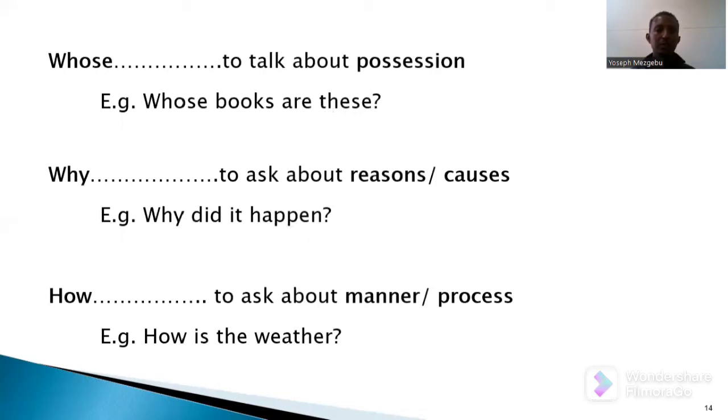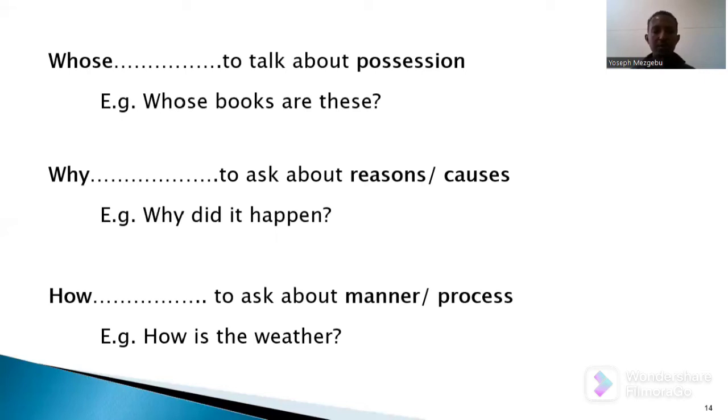Whose books are these? Whose refers to possession, not place, not time. Why asks about reason or cause. Why did it happen? Why are you doing this? Why do we need to go to the city? If we ask these, it is about reason.